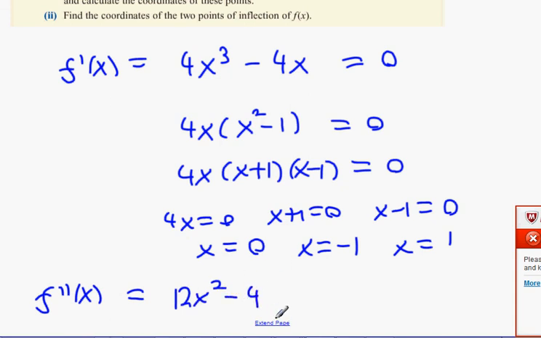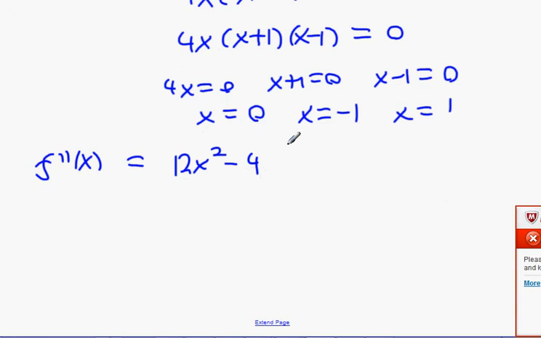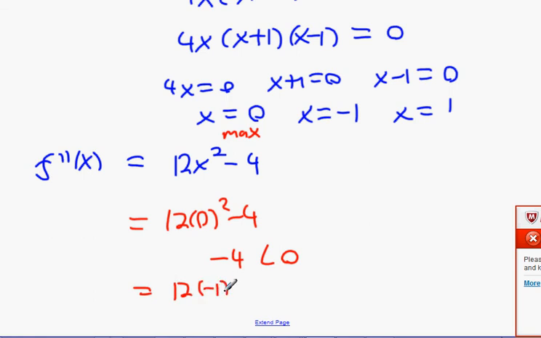What's the second derivative? 12x squared minus 4. I'm going to put in each one of these now. Okay? 12 times 0 squared minus 4. Is it bigger than 0 or smaller than 0? That's a max. X equals 0 is a max. Then it's going to be 12 times minus 1 squared minus 4.